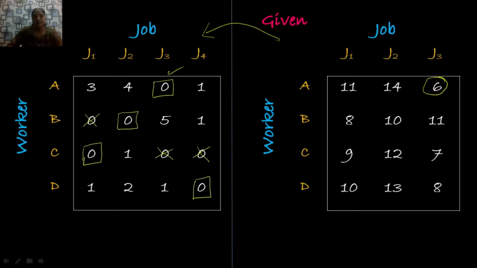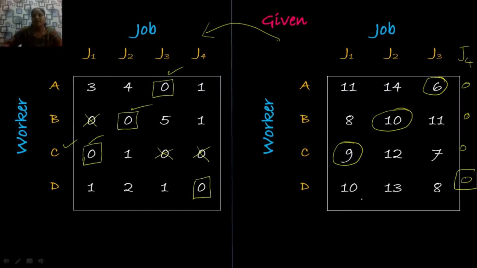And for the second row, B to J2, we have 10. And C to J1, 9. D to J4. Since it is unbalanced, we make it balanced by introducing a dummy column. So for D to J4 it has 0 cost.